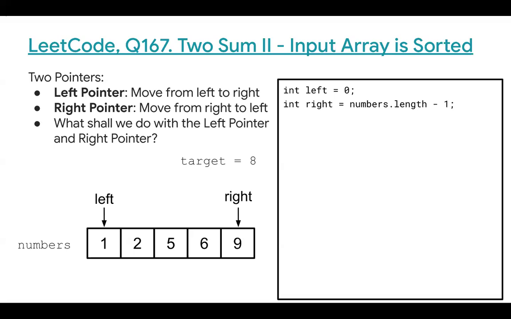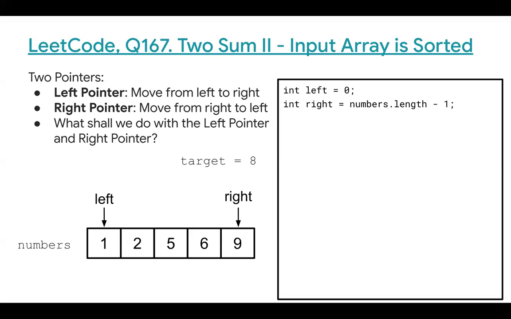Because this array is already sorted, and because there is exactly one solution, which is mentioned in the problem description, when we find 2 elements whose sum is larger than the target, what shall we do? Of course, we want to decrease their sum, right? Because it's too big.